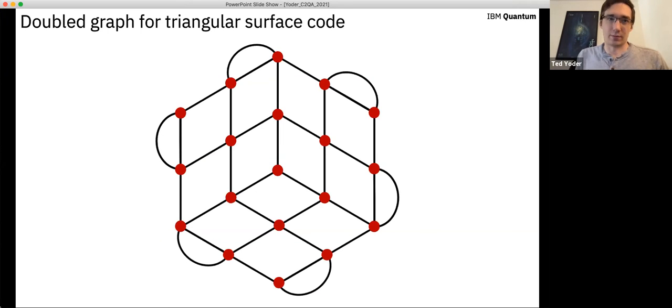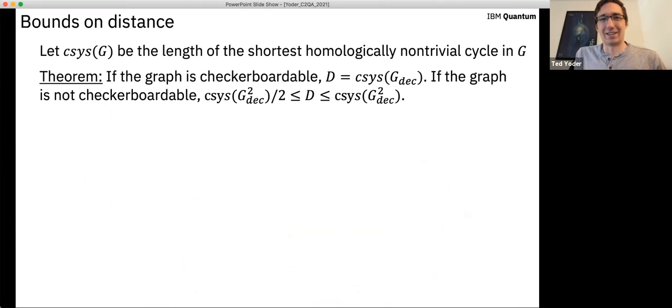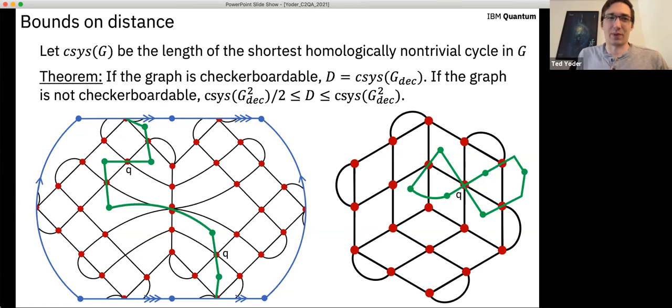And then you can also make the doubled graph with the triangular surface code. It looks kind of crazy. It looks like this. We can use the doubled graph to place bounds on the code distance. If the graph is checkerboardable, you don't need the doubled graph: the distance is just the combinatorial systole of the decoding graph.